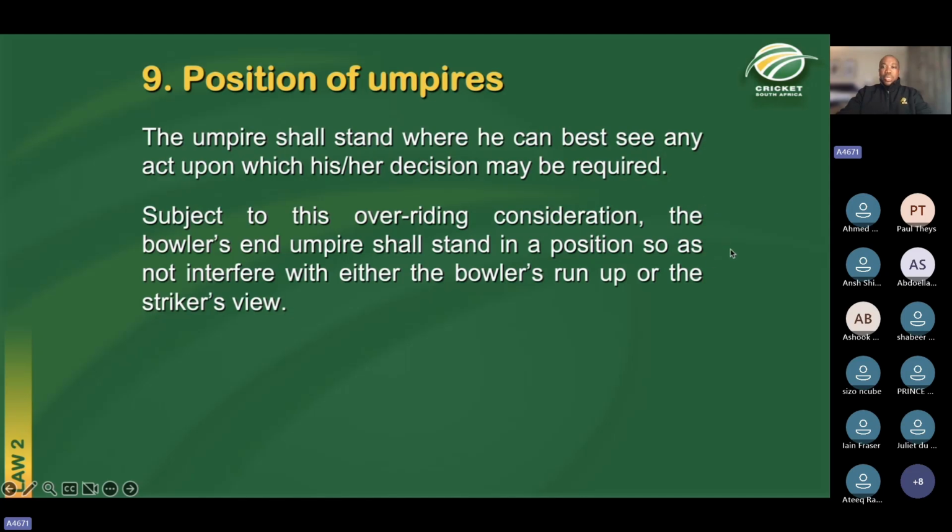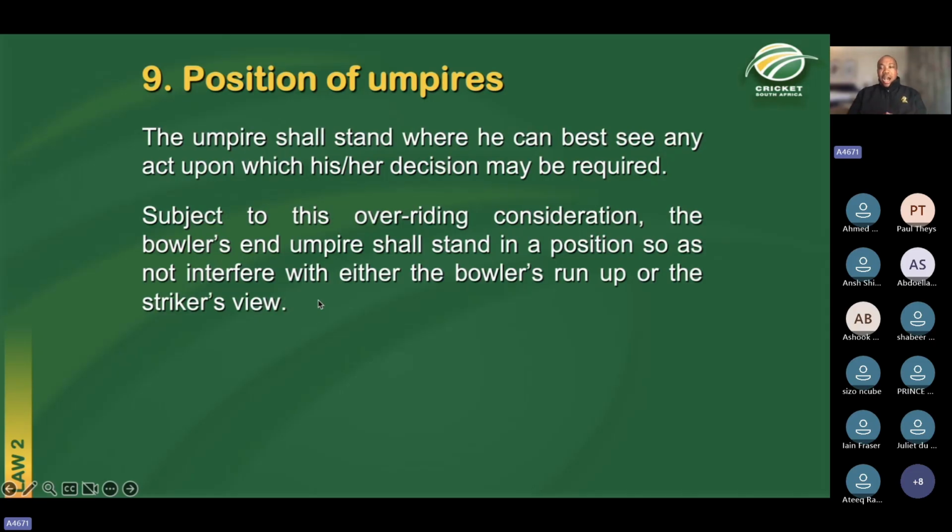Strangely enough, the law doesn't specify that a bowler's end umpire needs to stand directly behind middle stump, but it is common practice to line yourself up with your partner helping you before a match, and that way you'll make sure that you are directly behind middle stump so you can judge leg before wicket decisions accurately.